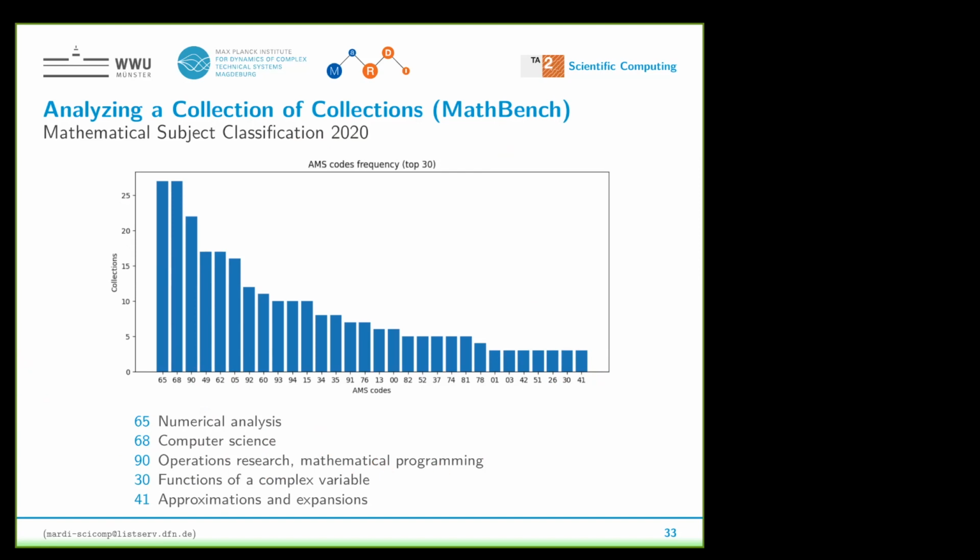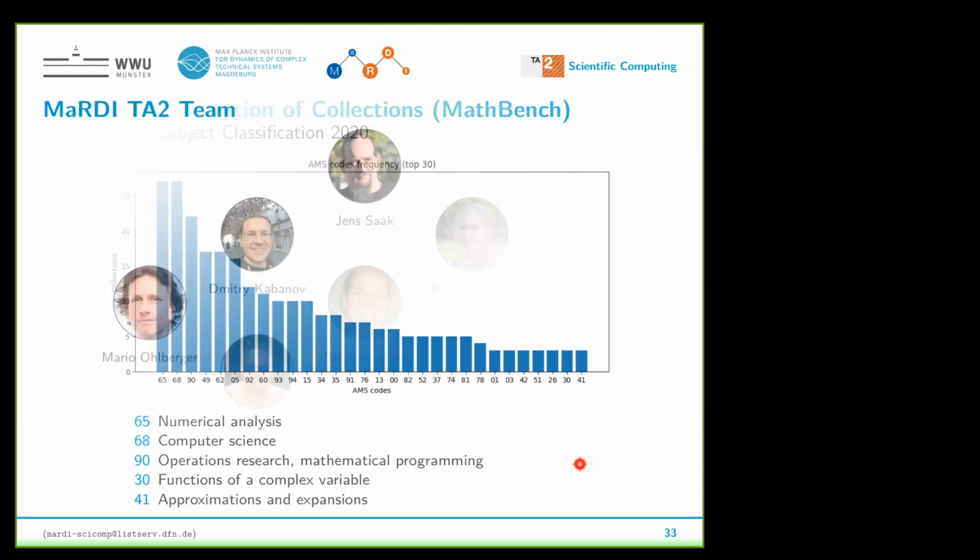So sort of to be expected that the very applied and interdisciplinary focused ones are doing rather well already, while more abstract things, and these are only the top 30, so there are things that are even worse than this, were areas that are not even present in the collections.